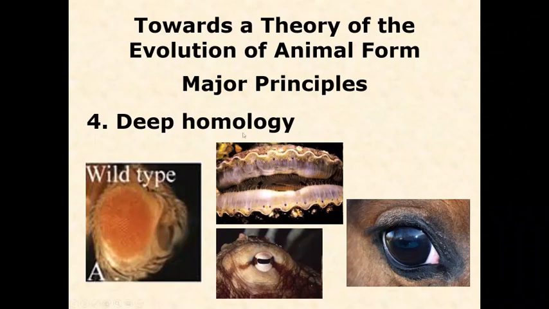But at a very deep level, they are the same structure. Okay, so that's this idea of deep homology. And this was not understood and discovered until we found those genetic connections. So a genetic connection tells us that objects or features we once thought were convergent and not homologous at all are actually homologous at a deep genetic level.